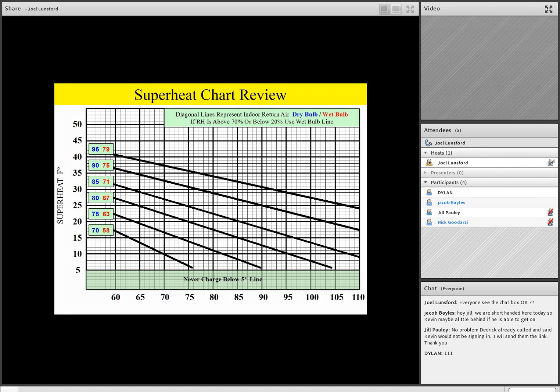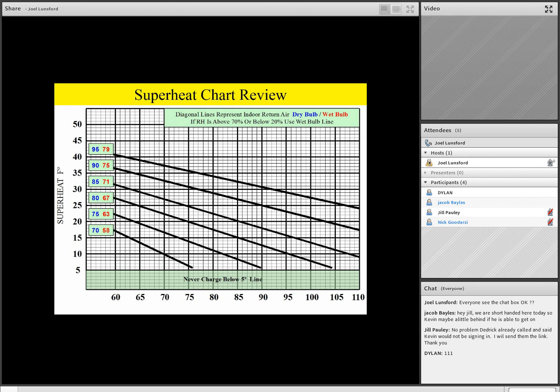On the left-hand side of the chart, if you see a 95, 79, 85, 71, etc., those green blocks correspond with a diagonal line. Those diagonal lines are the indoor return air temperatures associated with those little green blocks on the left. When you use dry bulb and when you use wet bulb numbers is relative to the relative humidity in the space.